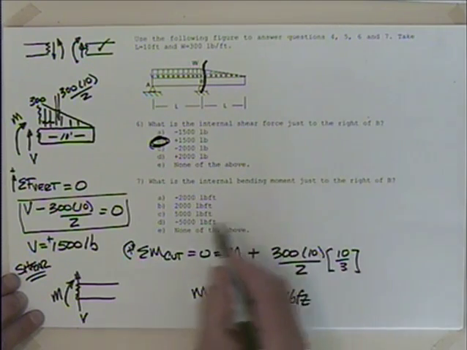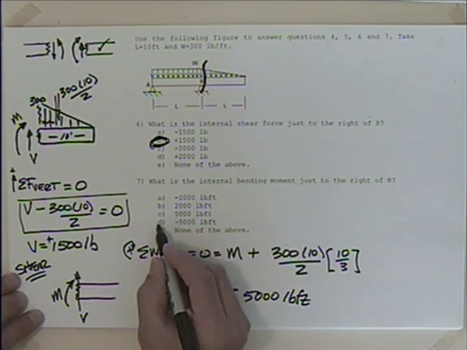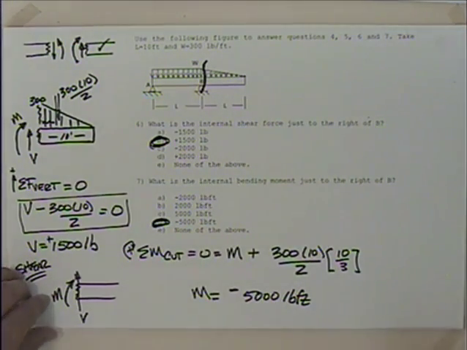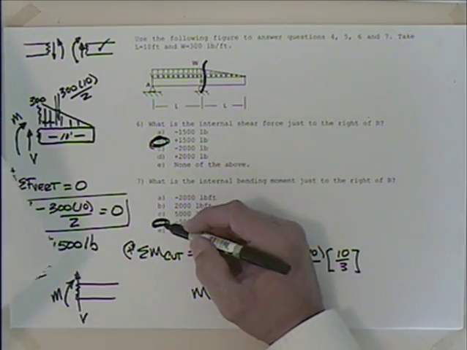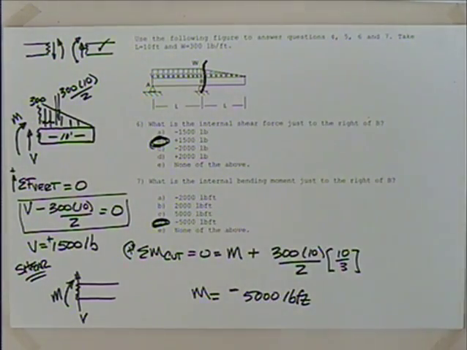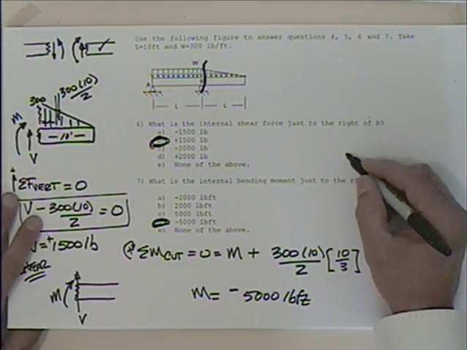So minus 5,000, that would be this one right there, D. Okay, so let me double check my answers here. For 4 and 5 we got D and B, 6 we got B, and 7 is D. Good.